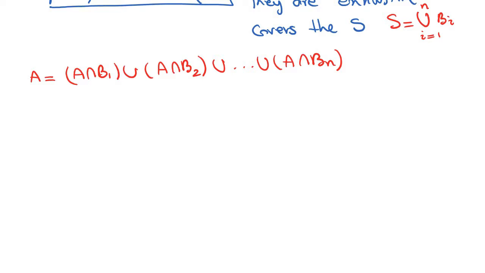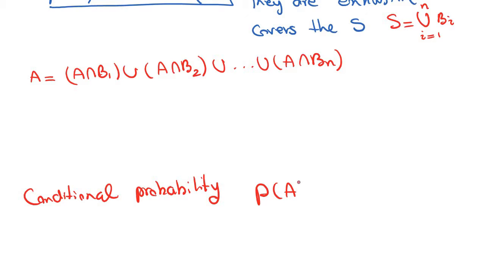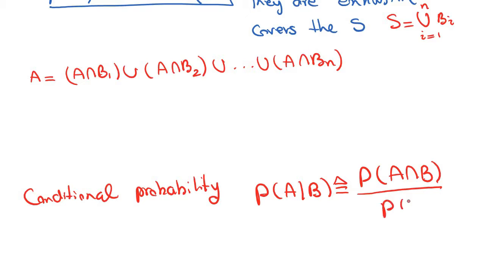In conditional probability, we say that probability of set A given B by definition equals probability of A intersection with B over probability of B. So this symbol here means definition, and this symbol here means given.